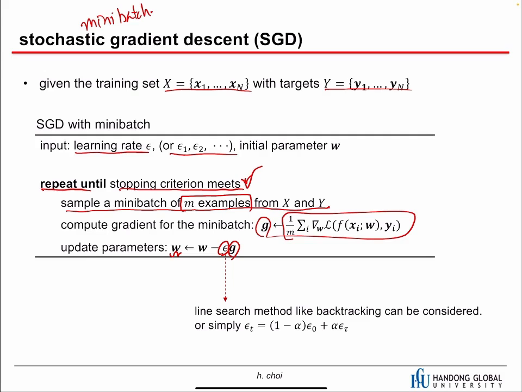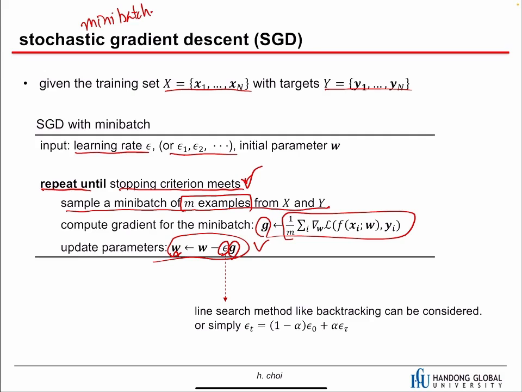The first one is that we can stop when the objective function doesn't decrease. When we update, we can check the objective function value, and if it doesn't decrease with this update, then we can say the function has kind of converged. But we are not sure. The function might be stuck at a plateau. Who knows? Nobody knows, actually.